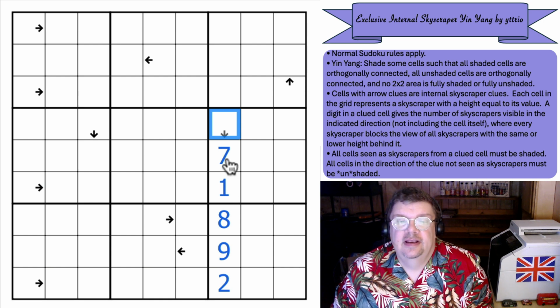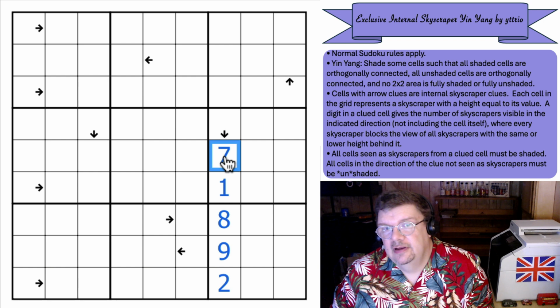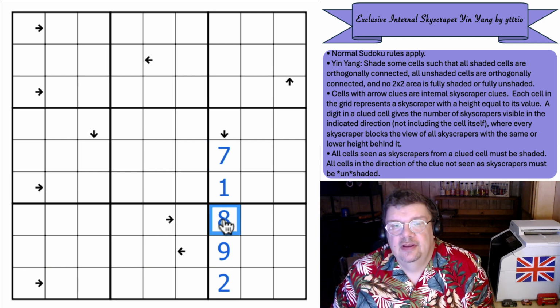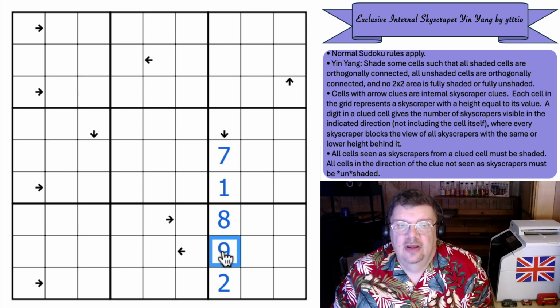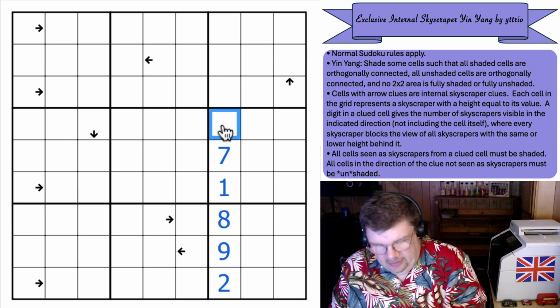That is considered its height, a building of height 7. This is a building of height 1, so the building of height 7 obscures it. You can't see it. But the building of height 8 is taller than the 7, so you can see that from here. The 9 is taller than the 8 and the 7, and the 2 is shorter than a building that is before it. So you would only see the 7, 8, and 9, and then this would be a 3.